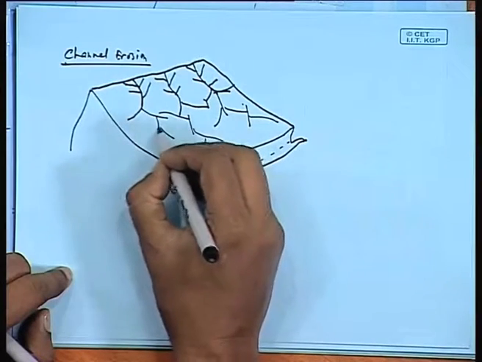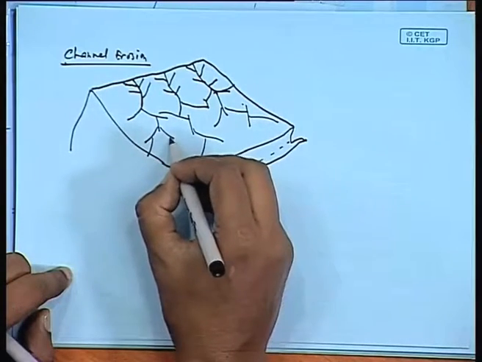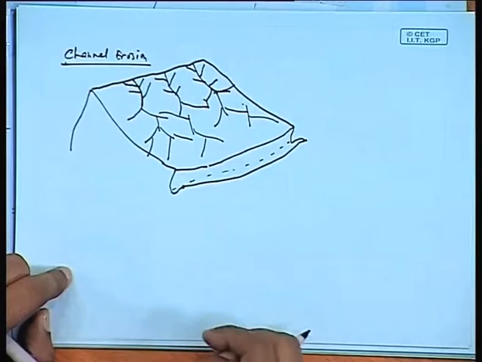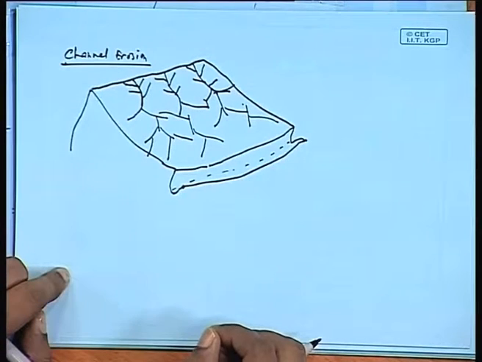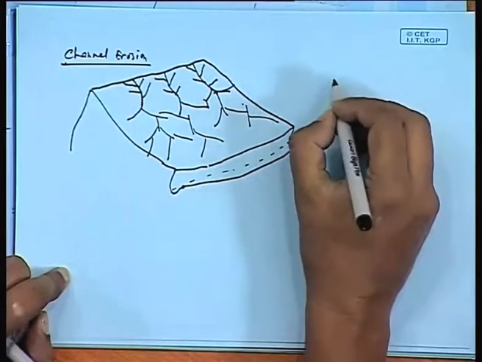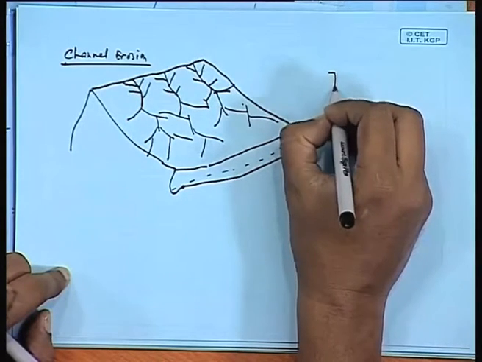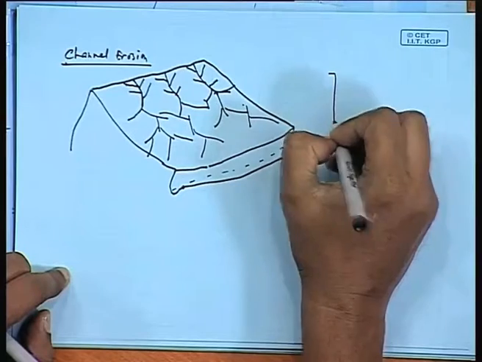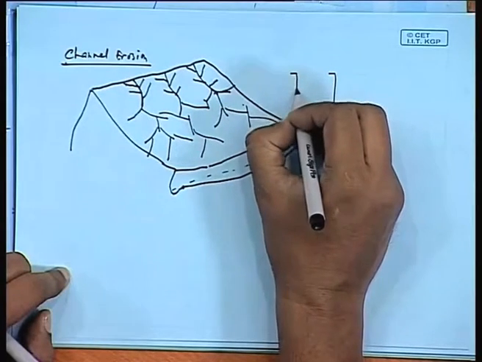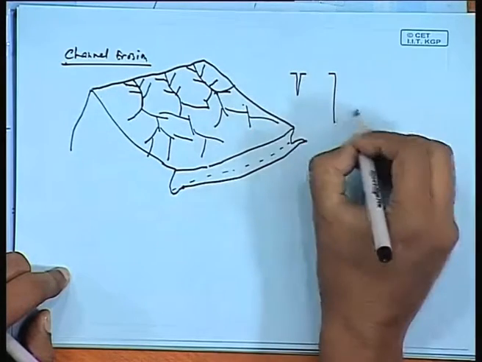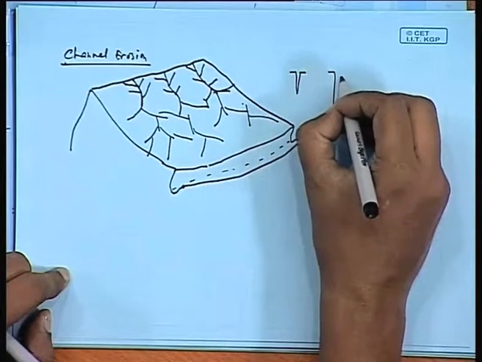So you can see they begin to form. This is what is called channel erosion, through which small channels like this form. The start of the channel would be small, and then the channel begins to widen.